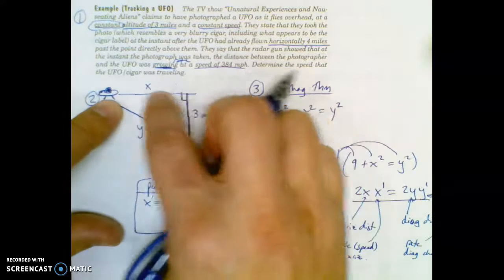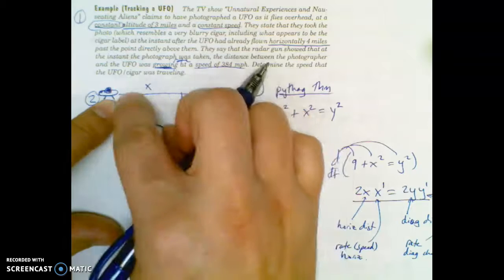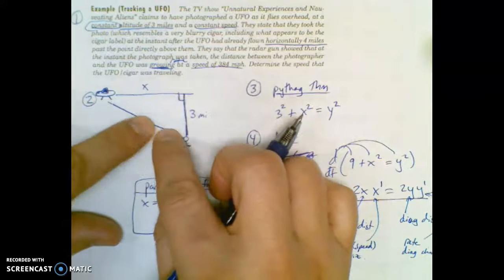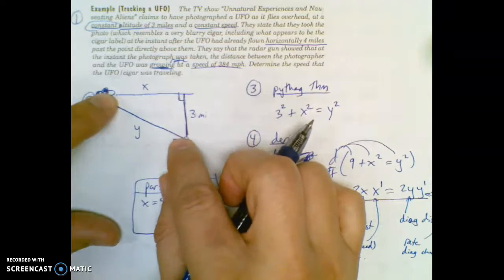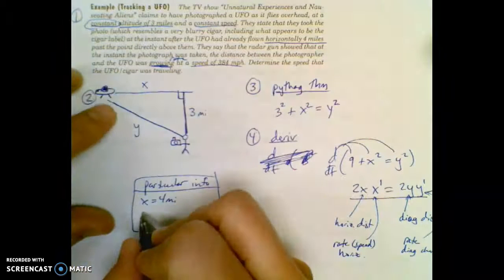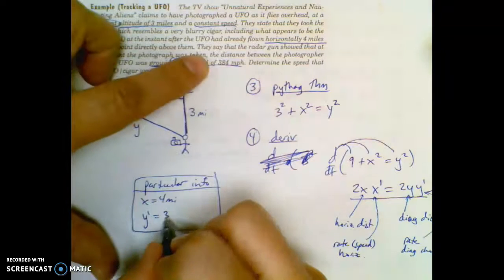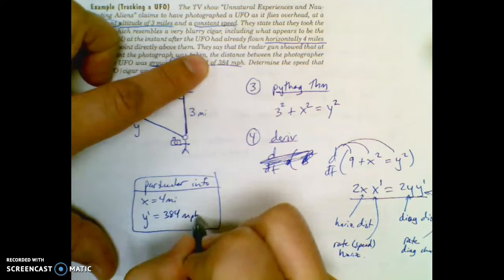It's not actually the speed that the horizontal distance is flying. It's not the speed of the UFO. It's actually the rate at which the distance between them is flying. So if you had a radar gun, you would be measuring how far it's moving away from you, not how fast it's moving. So that is y prime is 384 miles per hour.